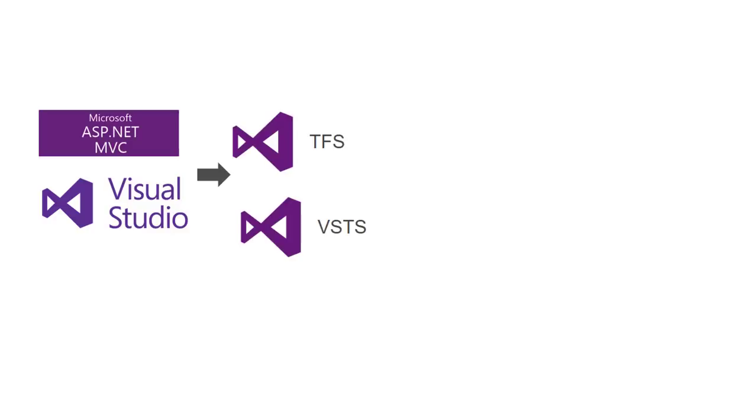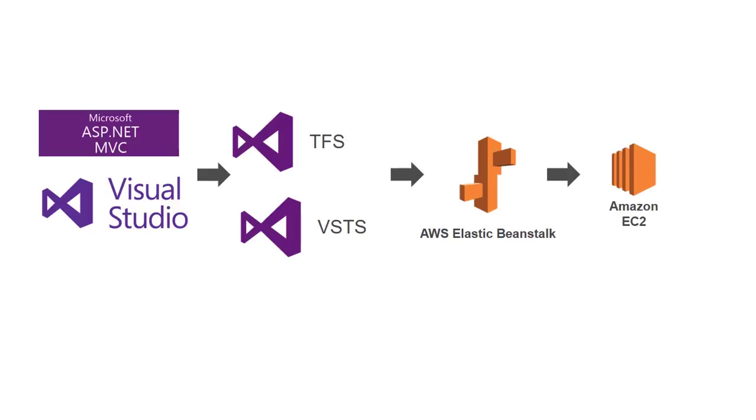I'm going to commit the changes into VSTS and TFS, and these changes will then deploy this application to Elastic Beanstalk, and behind the scenes Elastic Beanstalk uses an EC2 instance to host this IIS website. So that's the rough idea, and I'll showcase how you do it with a demo.